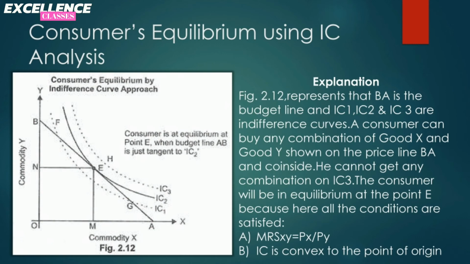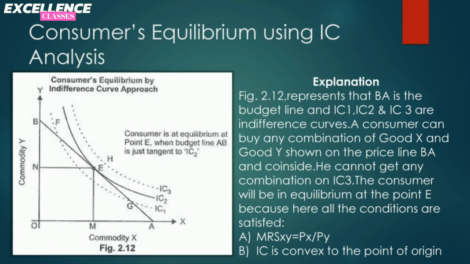Figure 2.12 represents that BA is the budget line and IC1, IC2 and IC3 are indifference curves. A consumer can buy any combinations of good X and good Y shown on the price line BA and coinciding IC2. Both of these are affordable combinations of goods.